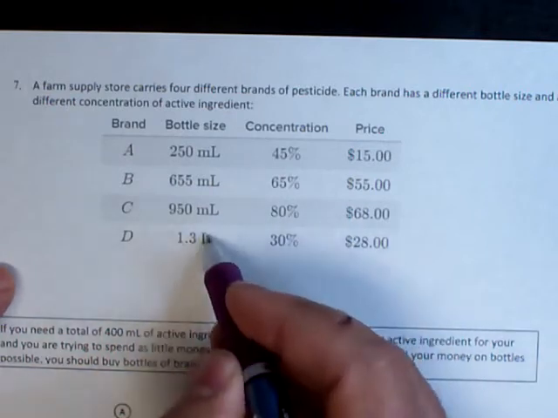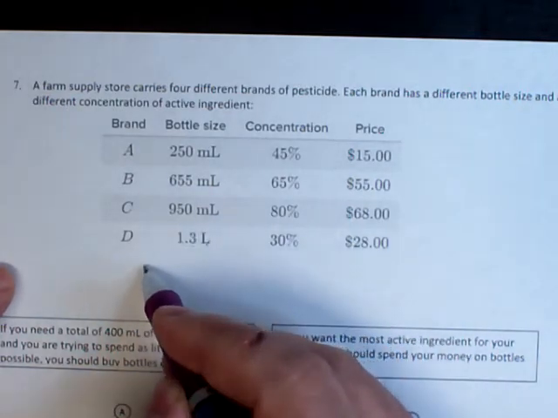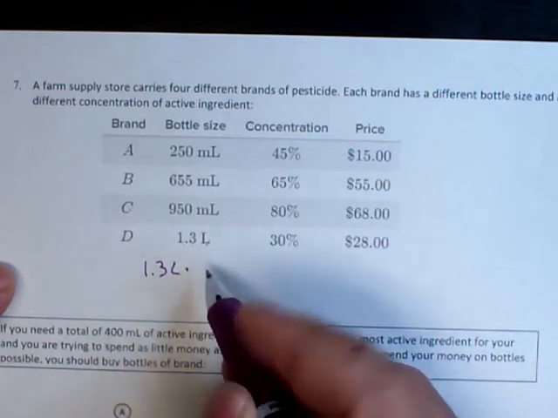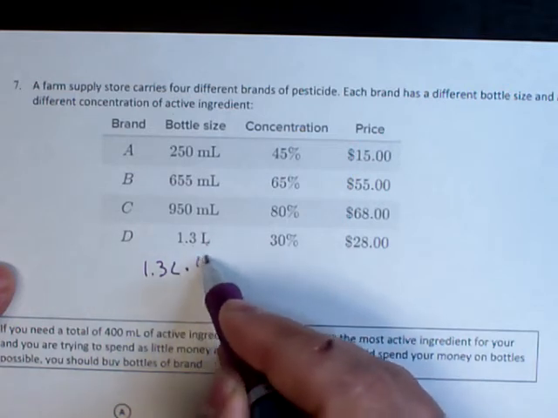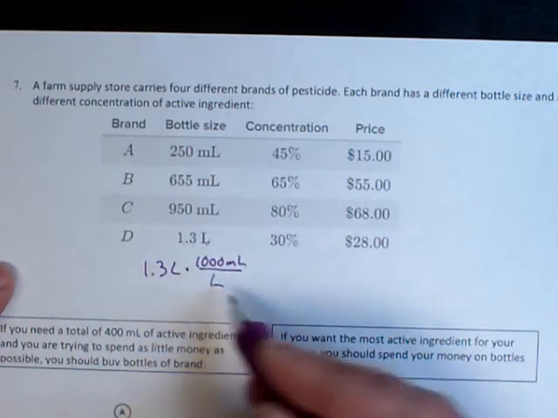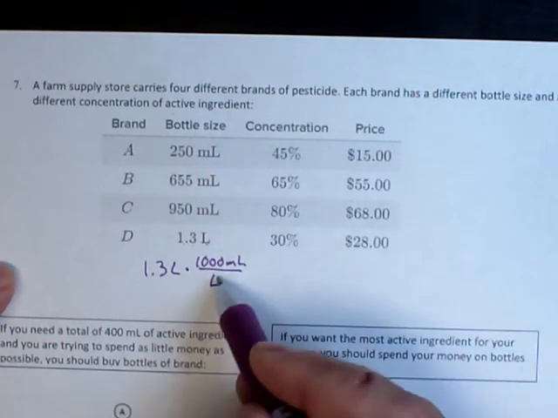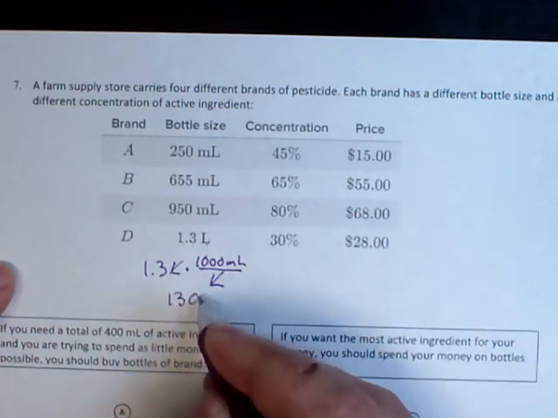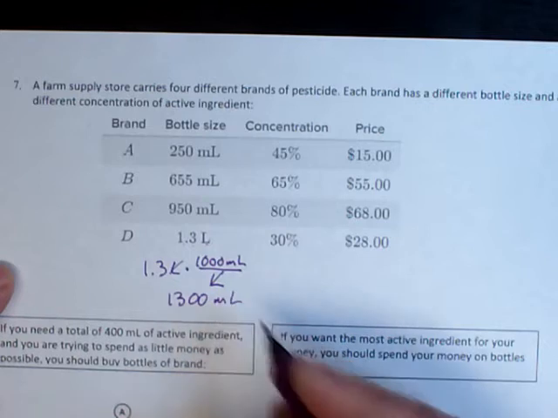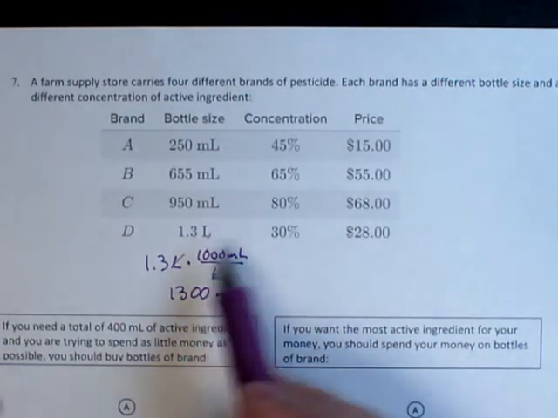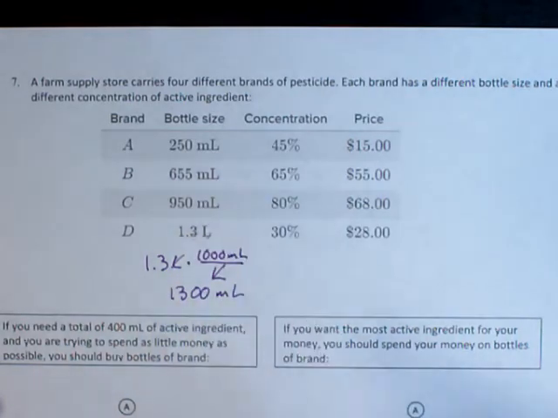In terms of milliliters, if we convert 1.3 liters times 1,000 milliliters per liter, this would cancel, that would cancel, so I'm going to get 1,300 milliliters. Now we've got everything in the same unit. D is 1,300 milliliters.